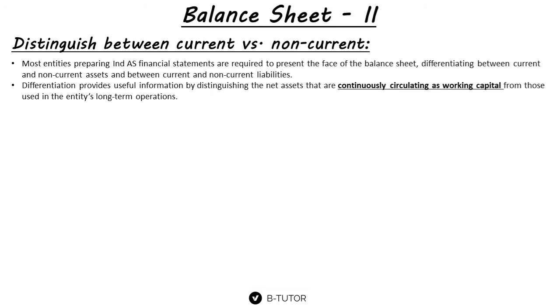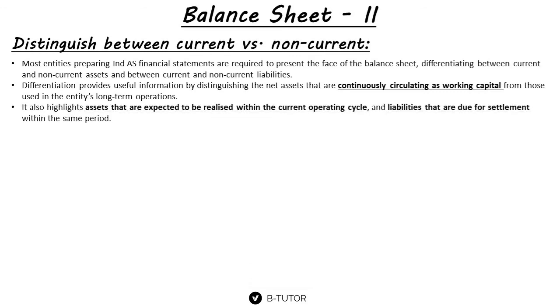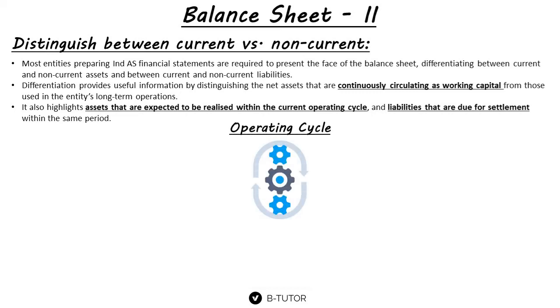Differentiation provides useful information by distinguishing the net assets that are continuously circulating as working capital from those of the long-term operations. Next, it also highlights assets that are expected to be realized within the current operating cycle and liabilities that are due for settlement within the same period. So, what is an operating cycle?